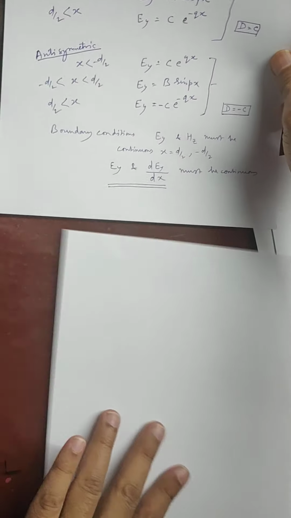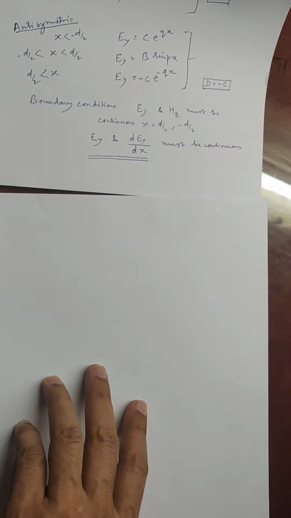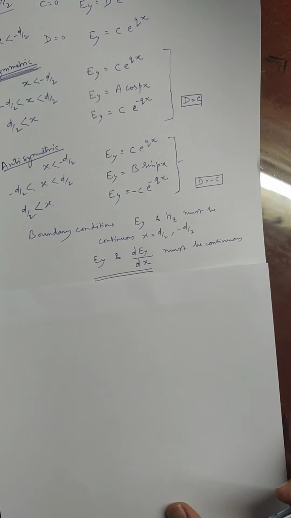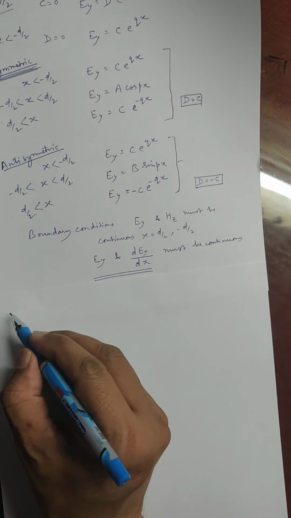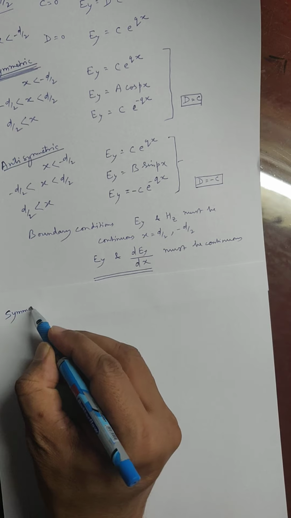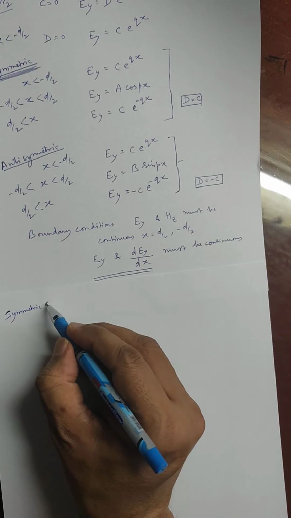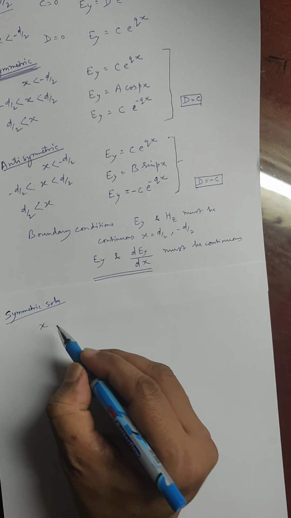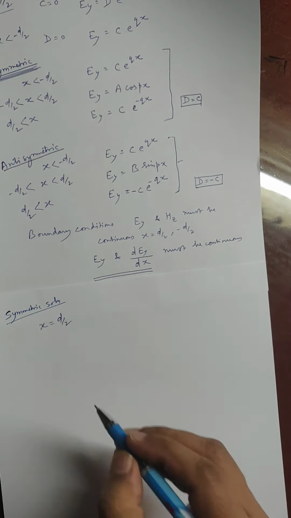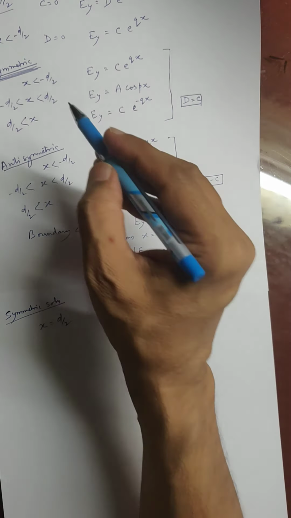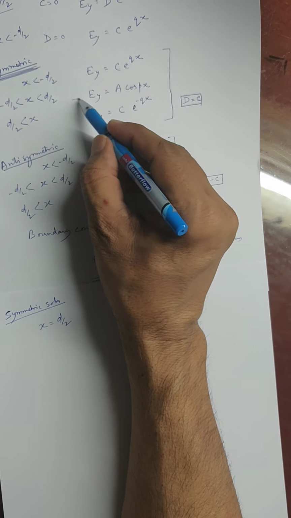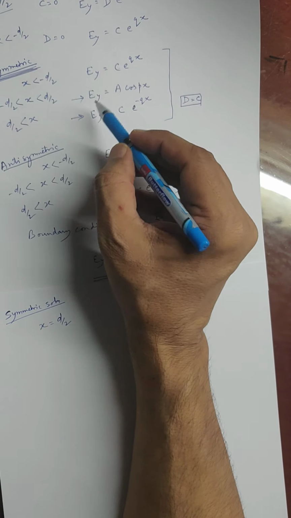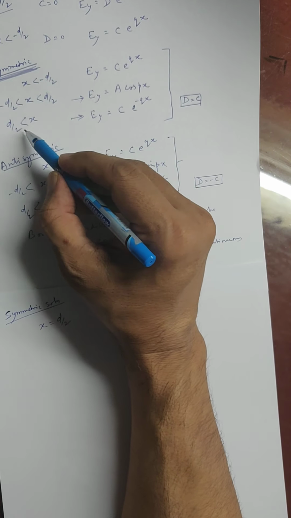So the requirement of boundary condition, if you want to fulfill that, let me take the symmetric case first. It's a symmetric solution, and the boundary is, let's say, x equal to d by 2. At x equal to d by 2, you have these two functions. This is between minus d by 2 to plus d by 2, and this is d by 2 and more than that.